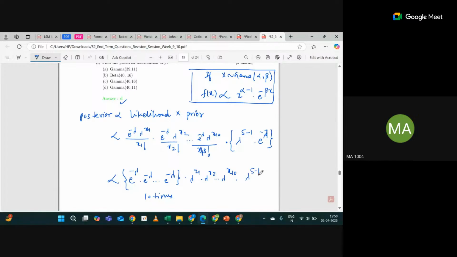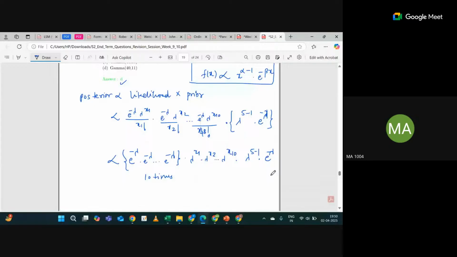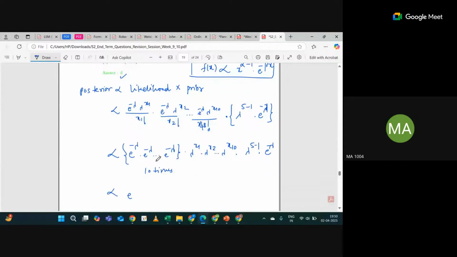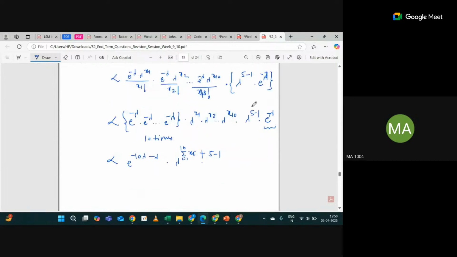And the prior is lambda raised to the power 5 minus 1 into e raised to the power minus lambda. So this is proportional to e raised to the power minus 10 lambda, and minus lambda from this one, so e raised to the power minus 11 lambda, and lambda raised to the power summation of xi, i equal to 1 to 10, plus 5 minus 1. All powers will be added.